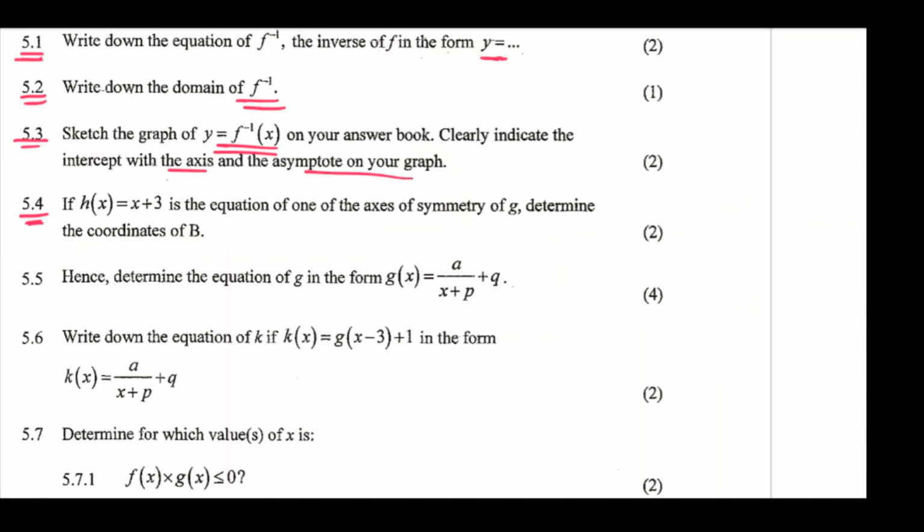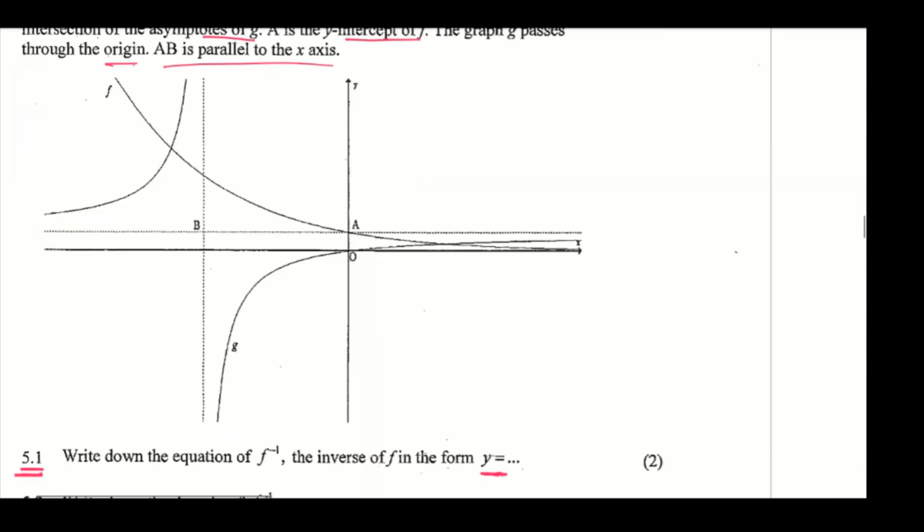In 5.4, we are told that if h of x is the equation of one of the axes of symmetry of g, determine the coordinates of B. B is actually the intersection of our asymptotes, both vertical and horizontal. For us to find the point here, we need to first find the value of a. This value of a lies on the graph of f of x.